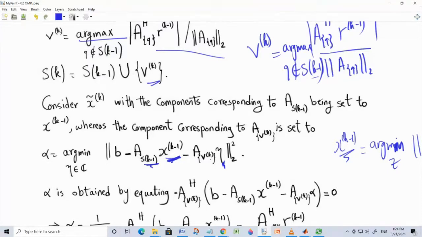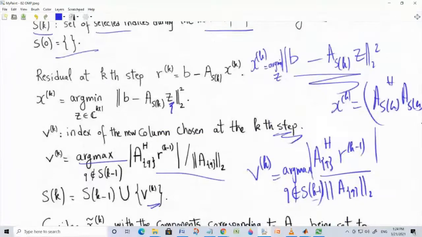Okay, so again, in the original formulation of orthogonal matching pursuit, what is this quantity here? It's the columns that have been selected. Each column is multiplied by a component in z, and you are optimizing over z, and z will have k components in the kth iteration.